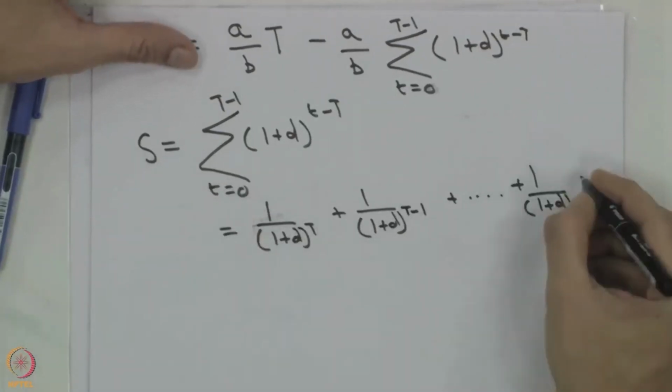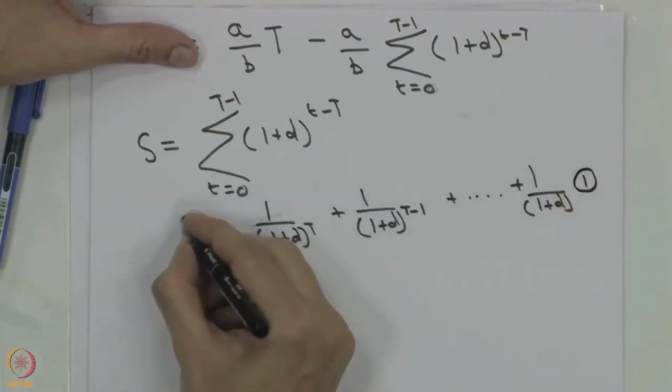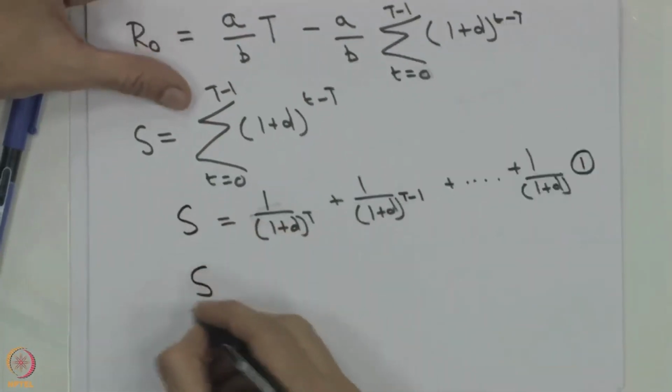So, if you take this as one equation, which is S, I can just take S by 1 plus d.